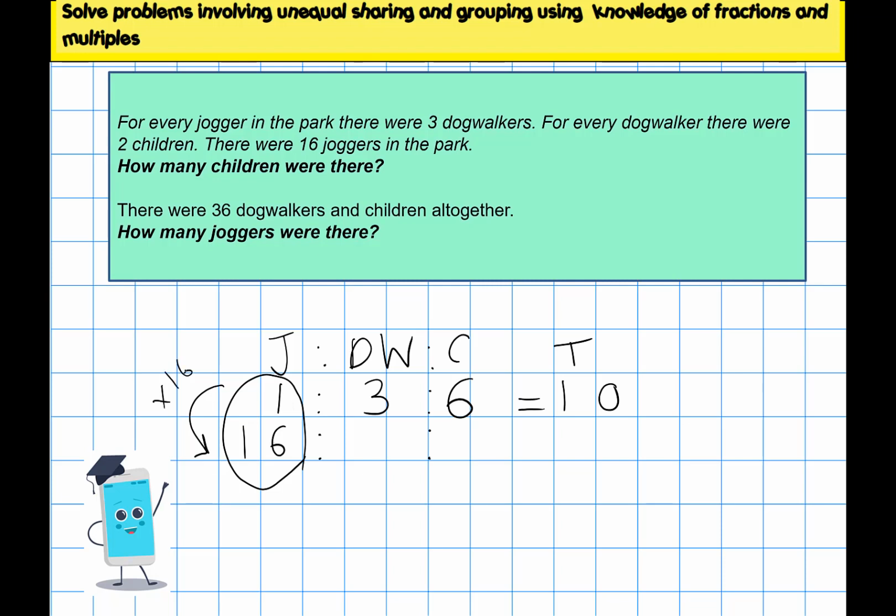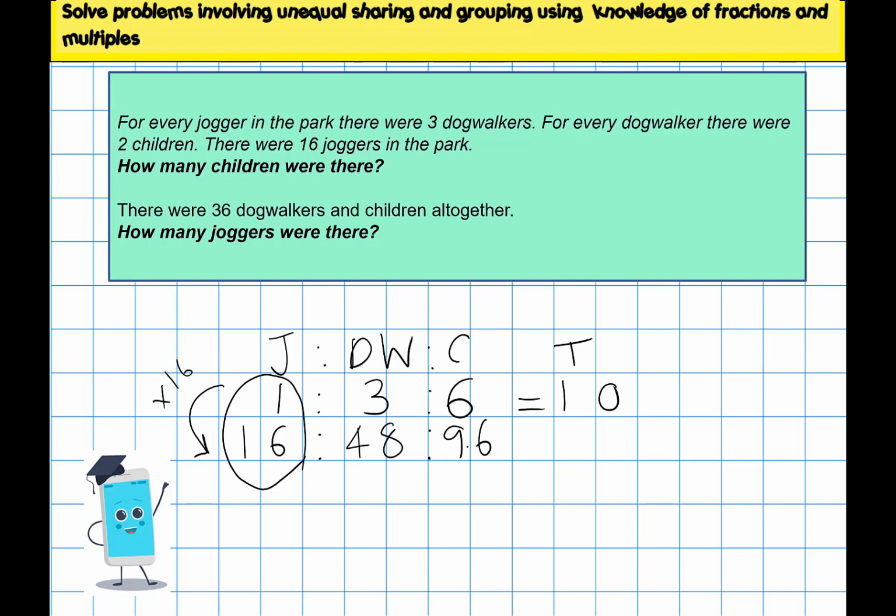We multiply by 16. So we apply it to all the other parts. 3 times 16 is 48. And 6 times 16 is 96. I appreciate that you may take longer to multiply these, but I'm just showing you the skill. Okay, so if you were working through this problem, there's nothing wrong with writing down what 16 times 6 is.